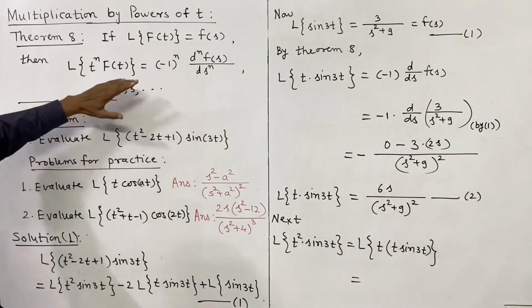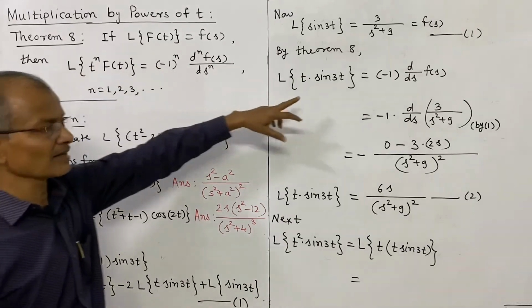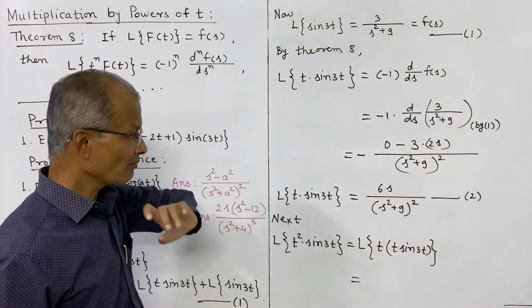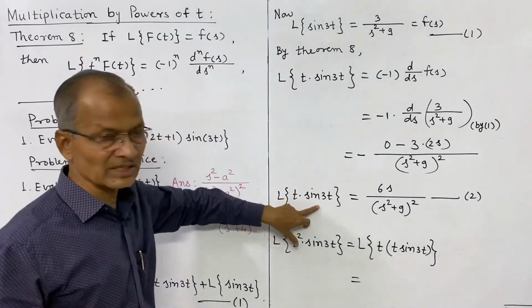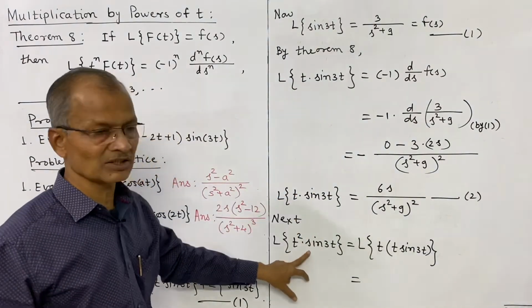Otherwise we can use this result repeatedly, that is, a second derivative we would have to take, but instead of that we have obtained the first step as multiplication by t. Again we use multiplication by t.